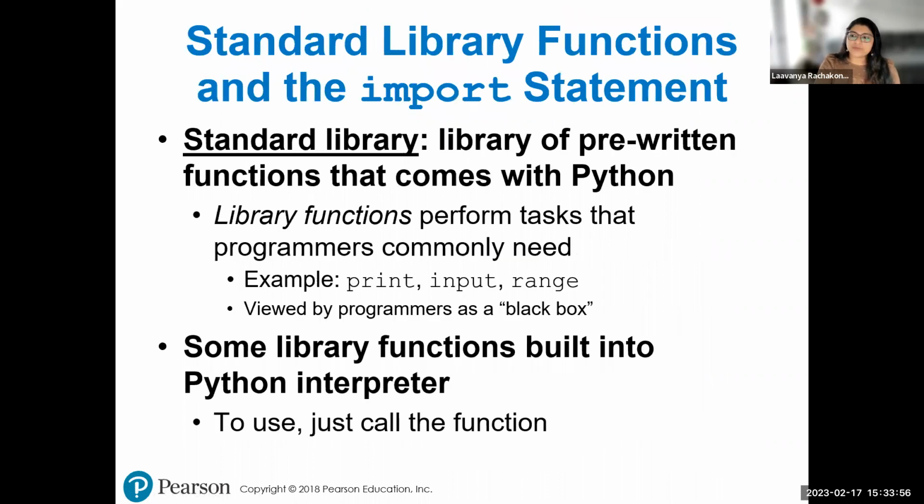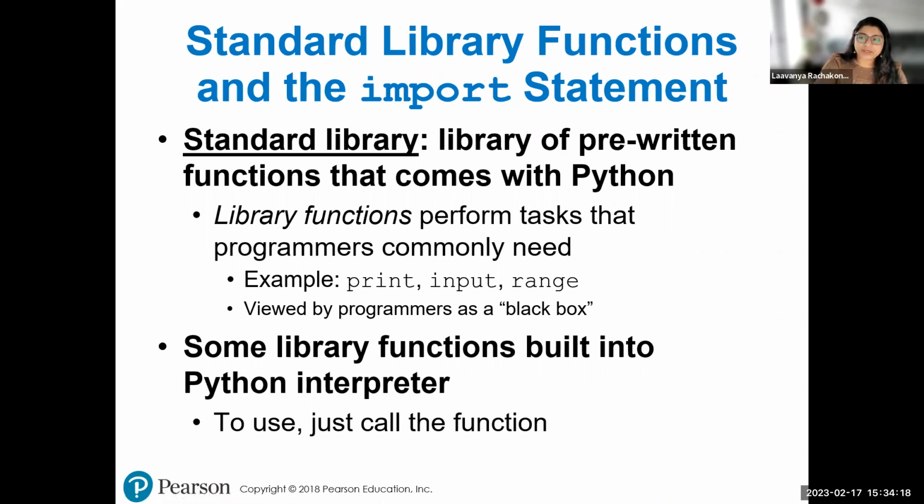These are some of the standard library functions and import statements. From the previous chapters, we know that a library is nothing but pre-written functions that come with Python. For example, print, input, range, all of these are pre-written library functions, so you do not have to define what those functions are.